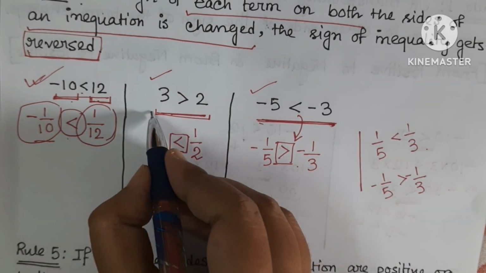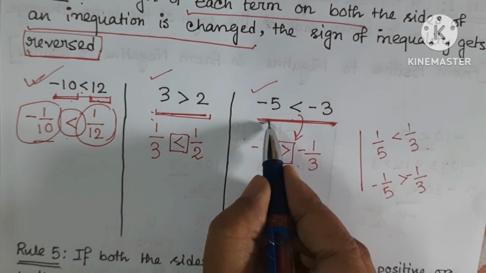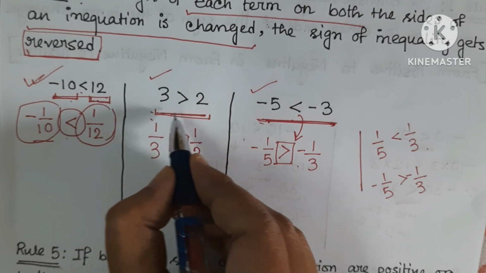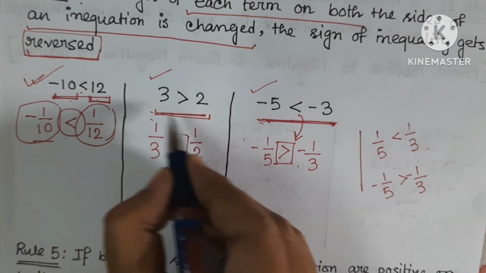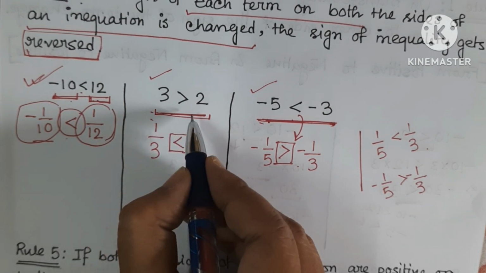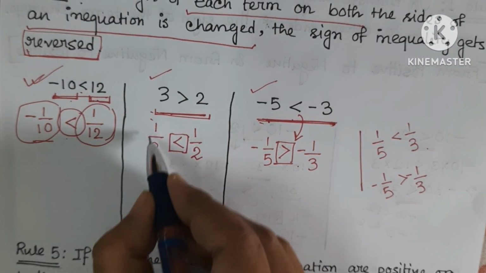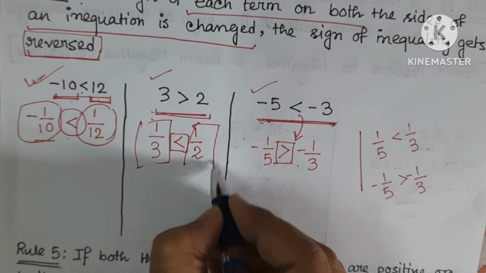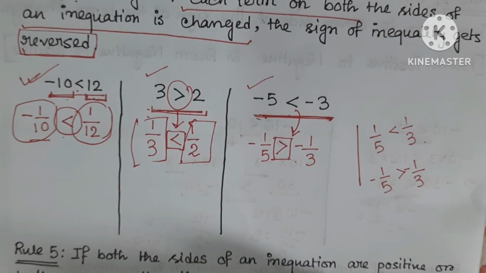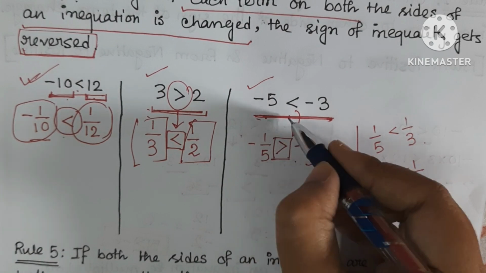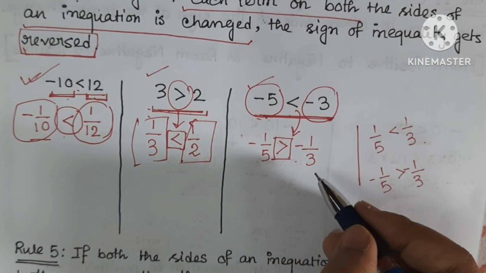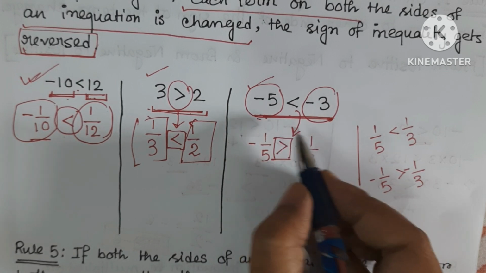But in these two examples, see, both sides have the same sign, both are 3 and 2, they are both positive numbers. In that case, if you take the reciprocal, then the symbol of inequation is reversed, and in this case also, both sides are negative numbers.